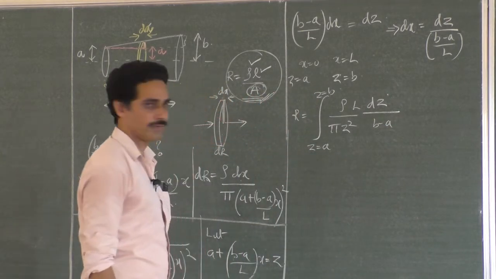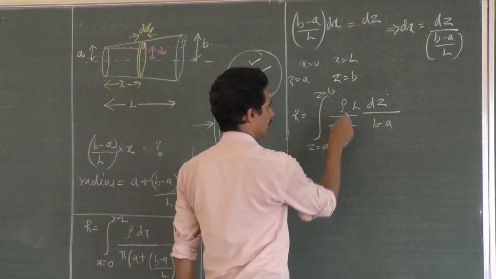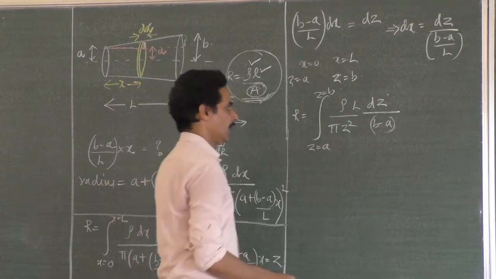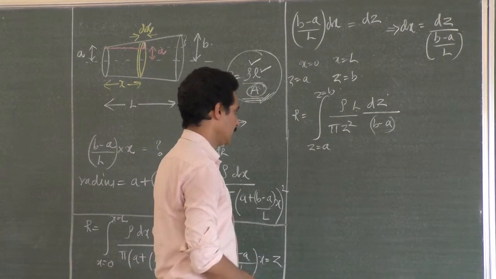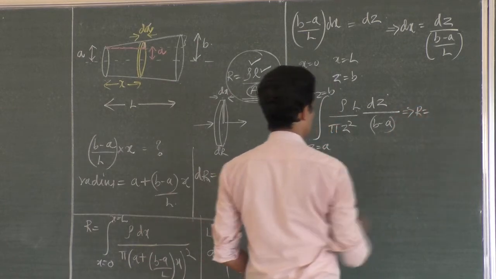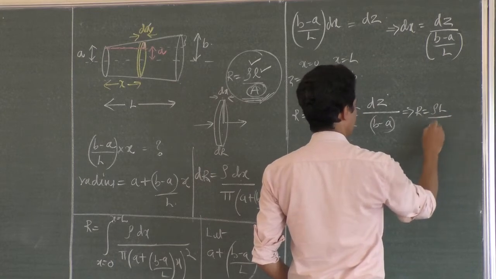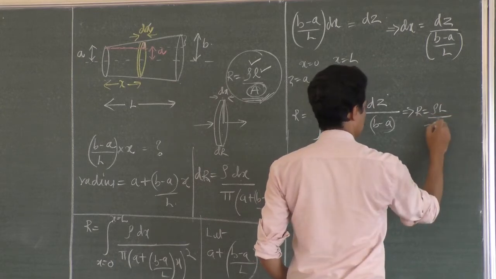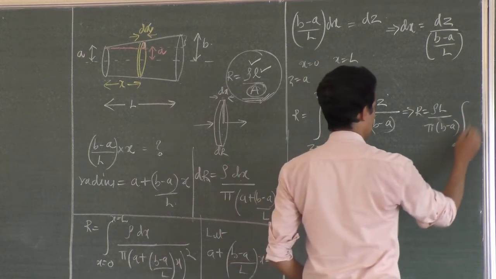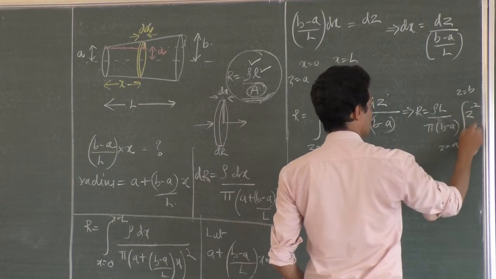Now it becomes easy for the integration, because it is only z which is variable, and rho, L, b minus a, pi, every term is a constant. So R is equal to rho L divided by pi into (b − a), integration from z equal to a to z equal to b, z to the power minus 2 dz.